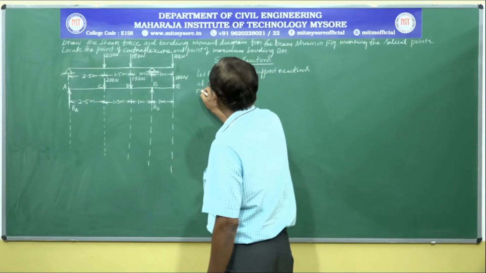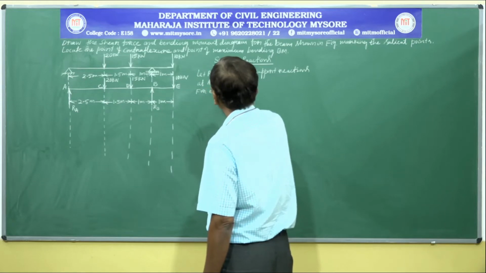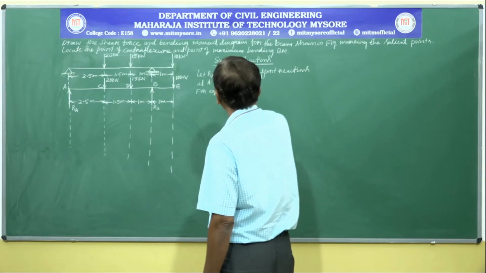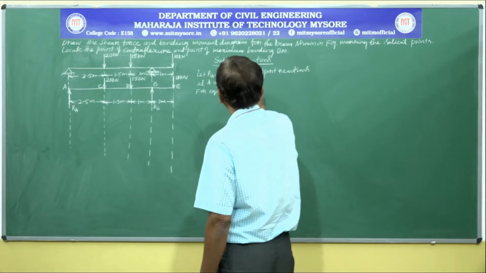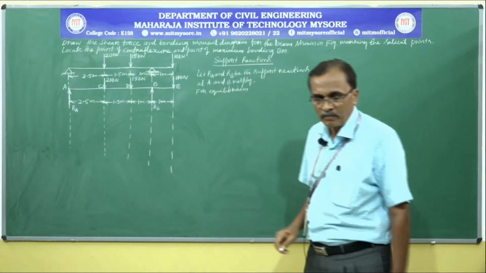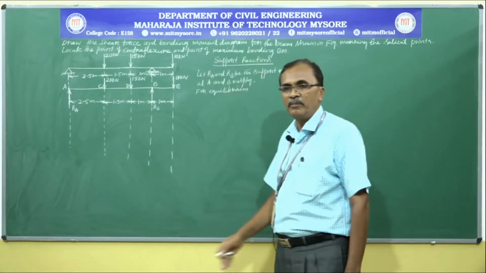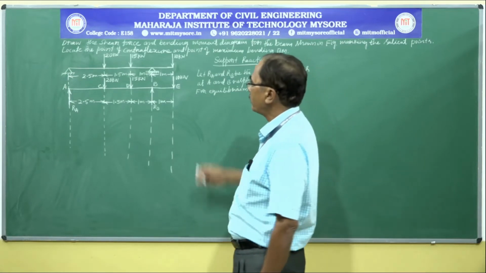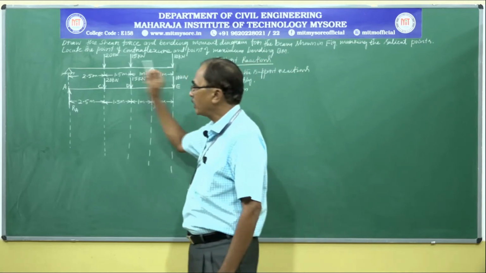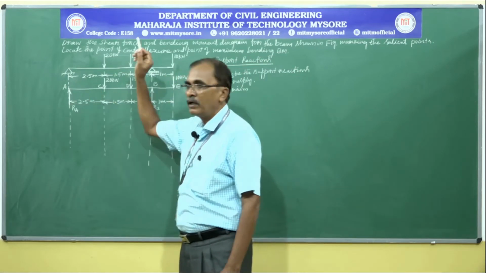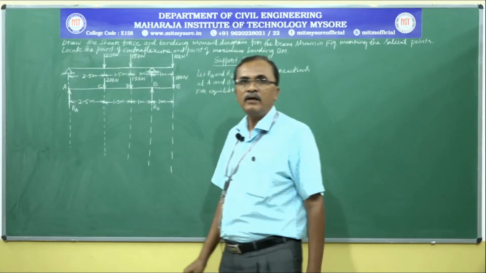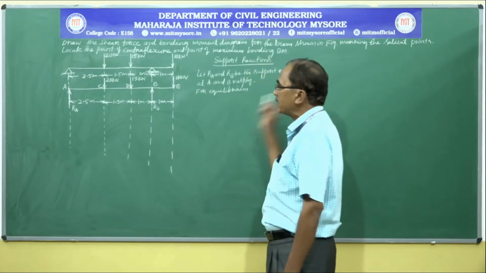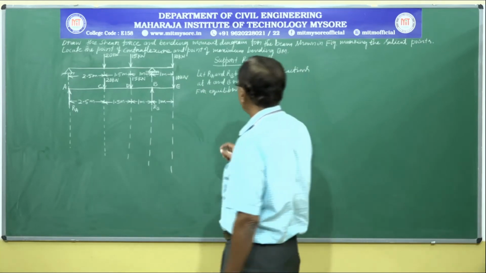For equilibrium, for simplicity, we do not follow the order of the equilibrium conditions. First we apply the moment equilibrium condition, and we apply it at an unknown point, so that automatically one unknown becomes 0. Another unknown can be calculated in a single step.